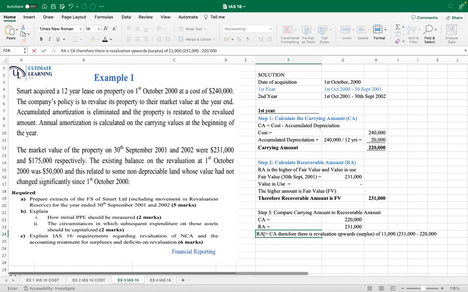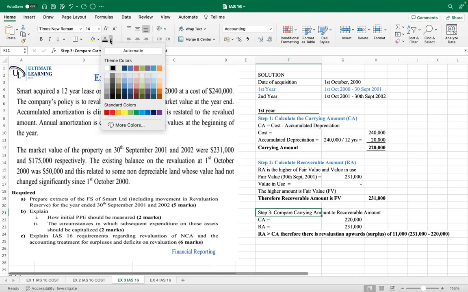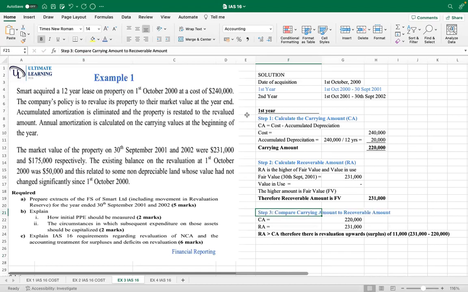I hope that is clear. When do we have revaluation surplus? Revaluation surplus or upwards arises when the recoverable amount is greater than the carrying amount.